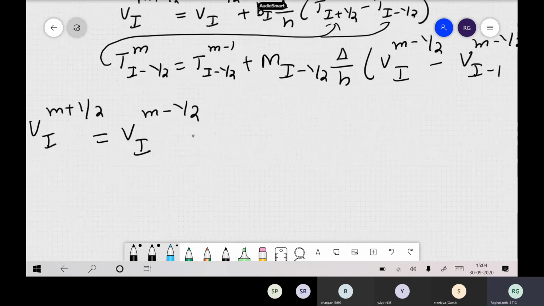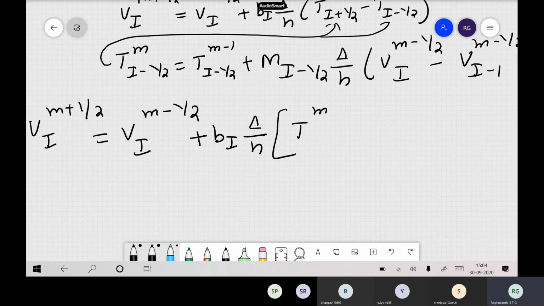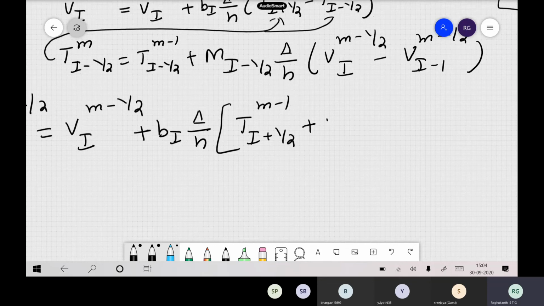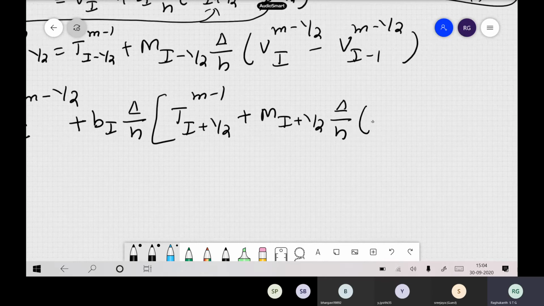Plus we have B_i delta by h, so m minus 1, so we have i plus half. Plus m at i plus 1 by 2, delta by h, so V at i plus 1, m minus half, minus V_i at m minus half. So this is our first expression.